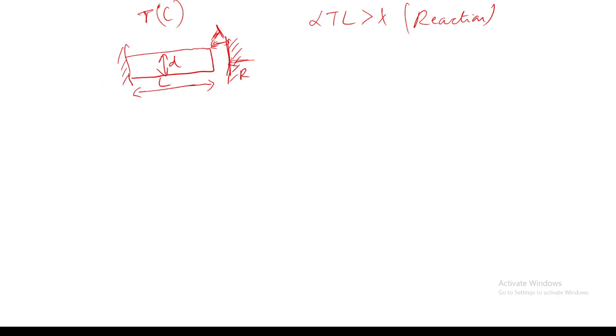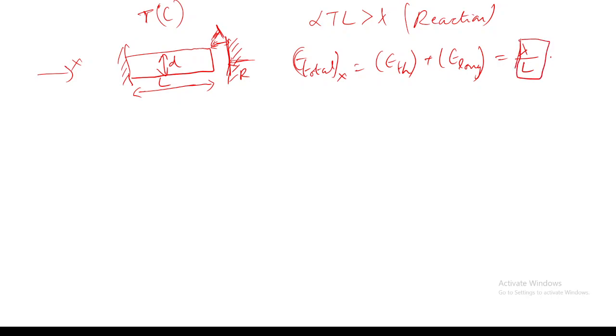So the total elongation permitted in the x direction, or the total strain in the x direction, is epsilon total equals epsilon thermal plus epsilon longitudinal, which is due to the reactions from the support, and equals lambda divided by L, the permissible strain.